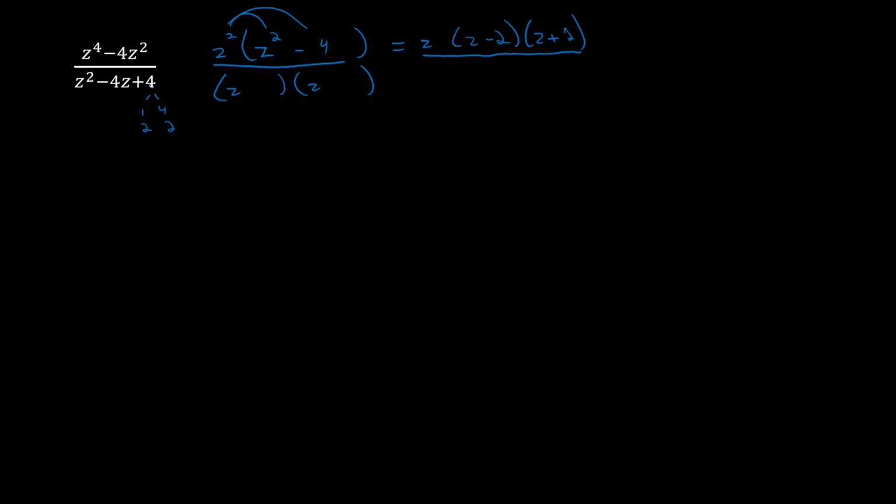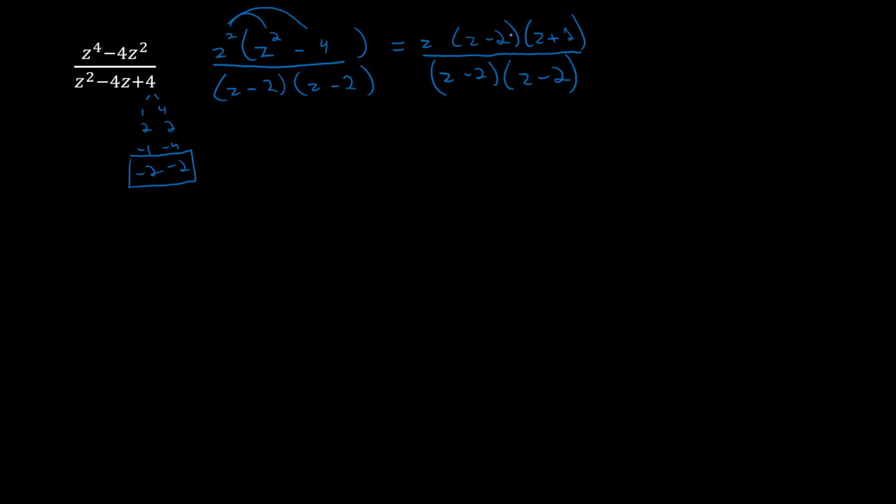Or it could be negative 1, negative 4, or negative 2, negative 2, because 2 negatives would give you a positive. Well, which one would add together to give me a negative 4z? Well, that's going to be negative 2 and negative 2, because when I add, I get negative 4z. So the negative 2's will go here, so my factored form would be as you see right here.